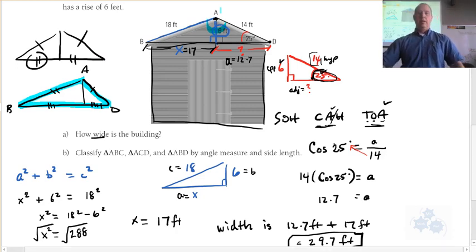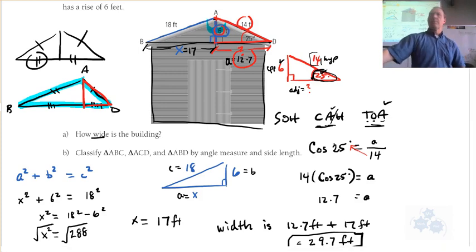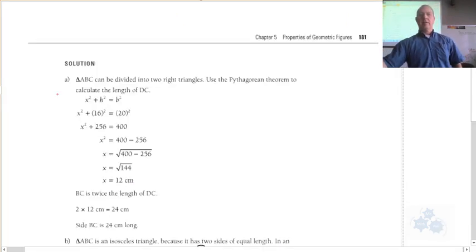Okay, so by side length, let's see. What about this one by side length? That's 6, this is 12.7, that's 14. So what would we call this ACD here? What's the name of that one, you remember? It's not isosceles, not equilateral, that's right.